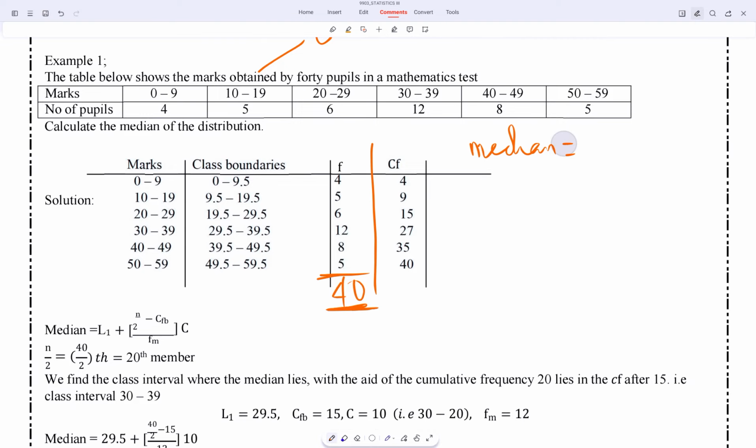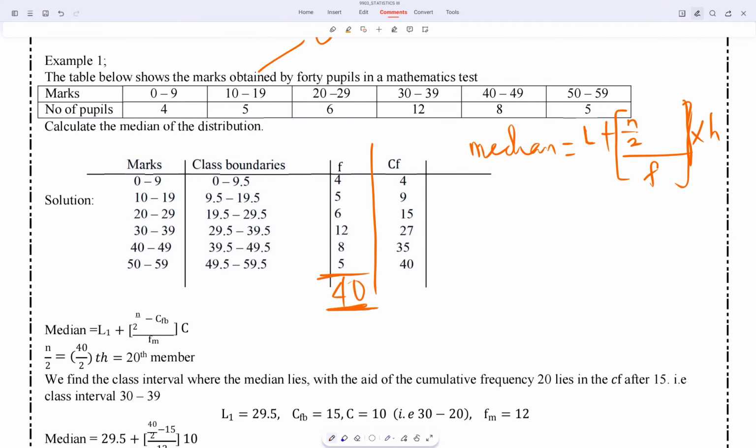You should already know the formula. L plus, then we open a bracket, n over 2 minus CF, over F, multiplied by H. All right, I don't know why this pen is doing like this this morning.